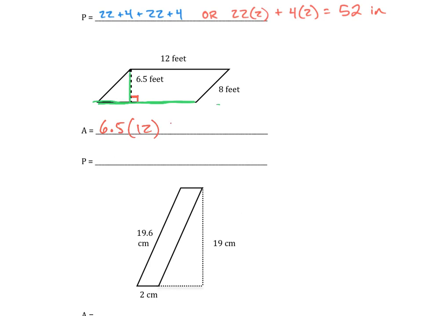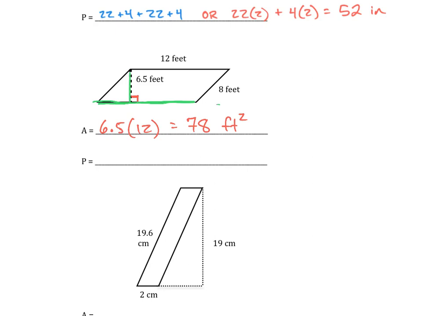And 6.5 times 12 is 78. Our units of measurement are feet, and it's area, so we square it. 78 feet squared. Base times height, 12 times 6.5.